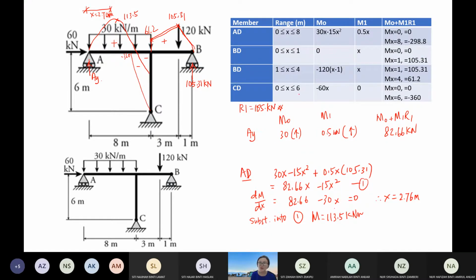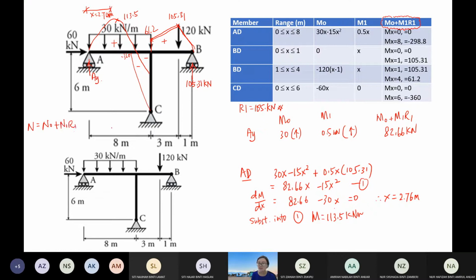You can use this formula, M naught plus M1 R1. I introduced this formula in your truss analysis earlier in the flexibility method, if you still remember: N equals N naught plus N1 R1.